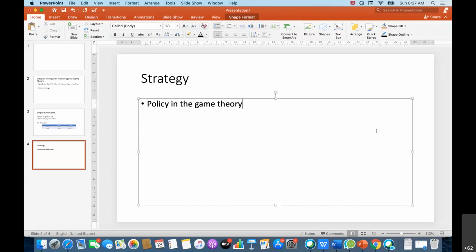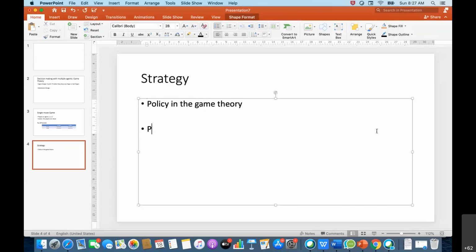Now, if we have a pure strategy, that is, the agents are very definite about what they are going to do, and they are unbiased, then that strategy is called a pure strategy, and it leads to a deterministic policy.